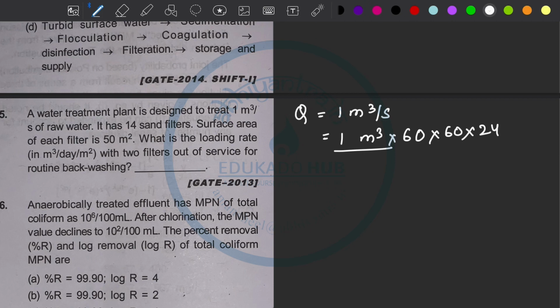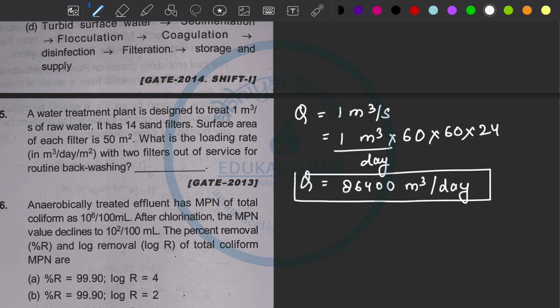So it becomes 86400 meter cube per day. In a second 1 meter cube discharge is coming, and in a day that becomes 86400 meter cube per day.